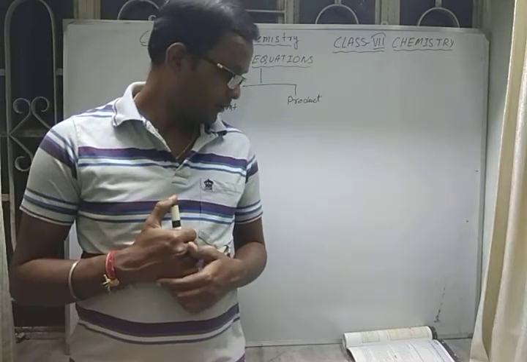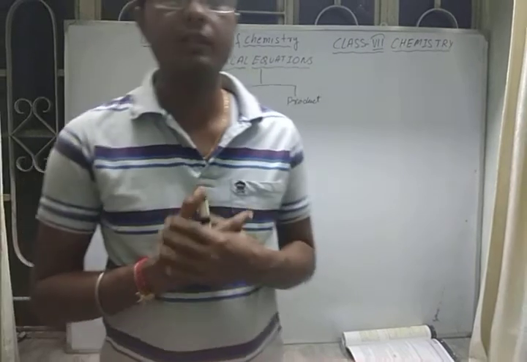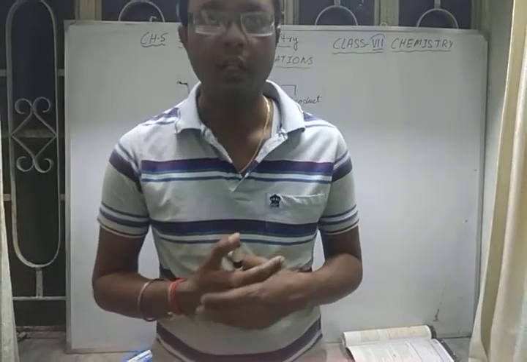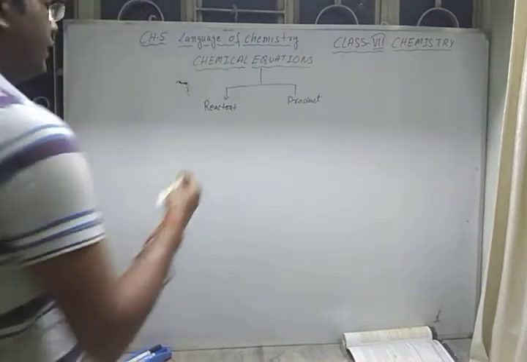Now, in the chemical reaction with reactants and products, if there is more than one reactant or more than one product, what we do is use a plus sign between them, like this.